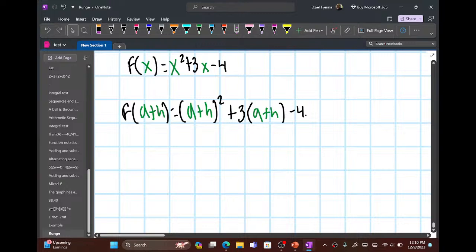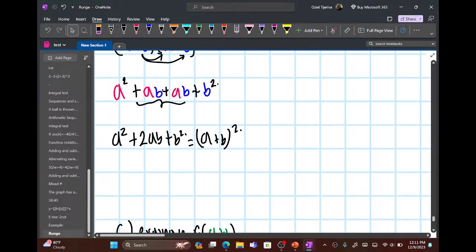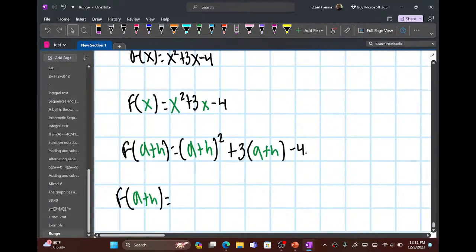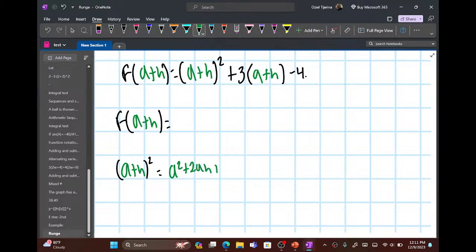Now this is why it's important to know the sum of two squares pattern, or the binomial squared pattern. This is going to be the following, and like I said, we're going to follow this rule. I know that a plus h squared is a squared plus 2ah plus h squared.